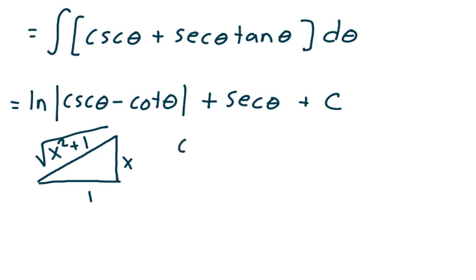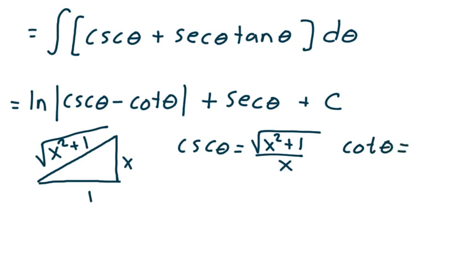Now, cosecant theta is the square root of x squared plus 1 divided by x. Cotangent theta is 1 over x, okay? And secant theta is the square root of x squared plus 1. All you have to do is put it together.